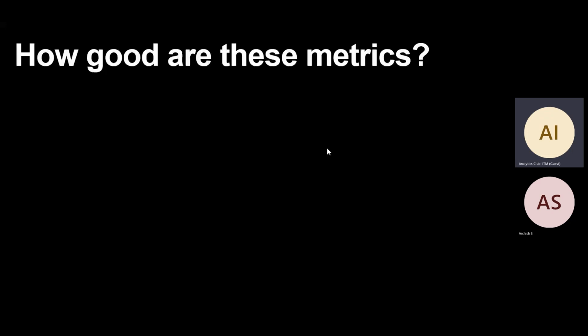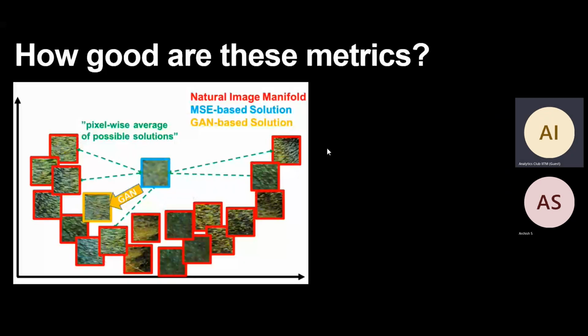So how good are these traditional metrics for our task? When you have a particular pixel that you want to increase the resolution of, the blue pixel, you have a number of possible solutions for that pixel, represented by these red pixels.